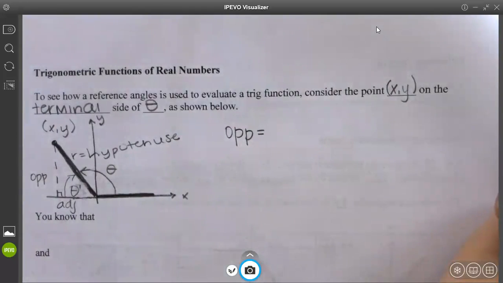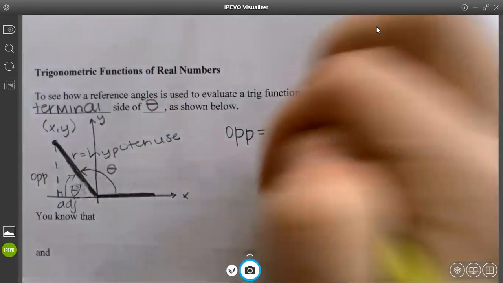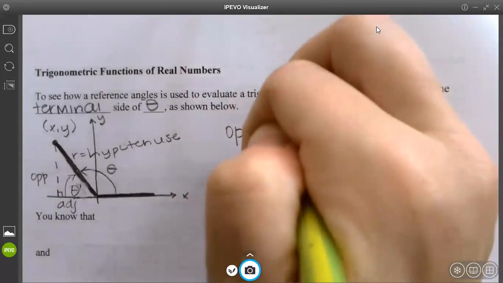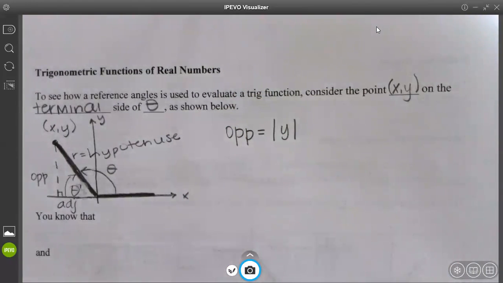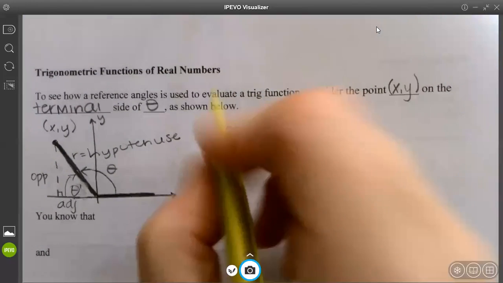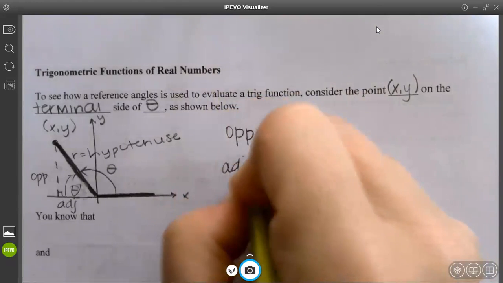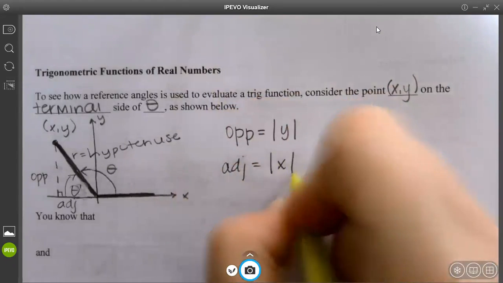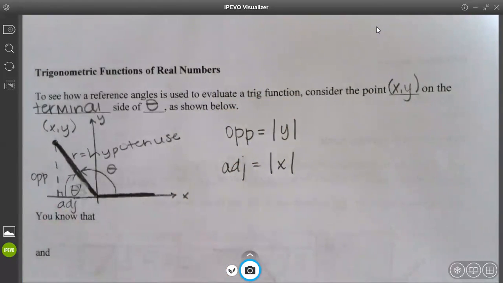Your opposite is a vertical. It's always going to be the absolute value of y, so it would come out positive. And your adjacent is a horizontal movement on the x-axis. So it's going to be absolute value of x. Okay. So I'll give you a second to draw that, and then we'll go through it. Don't stress out. It's not bad, I promise.